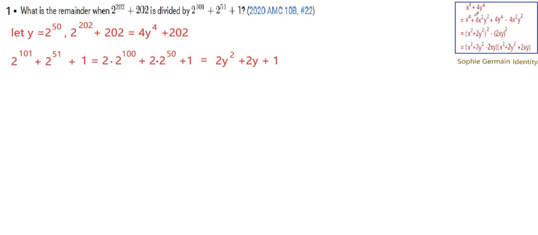Let us look at this identity. So we have 4y to the fourth power, but we don't have x. We let x equal to 1, and then this becomes x^4 plus 4y^4 plus 201. And the first section we can use this equation.